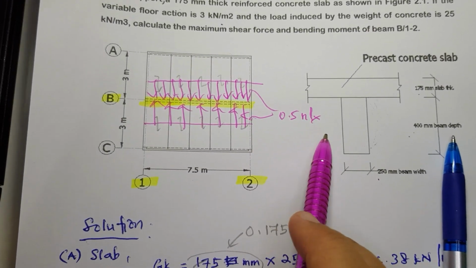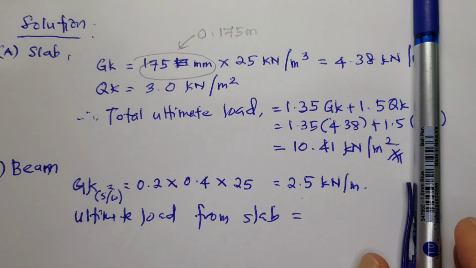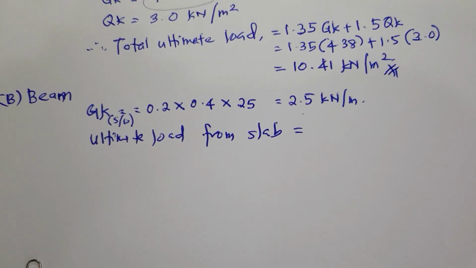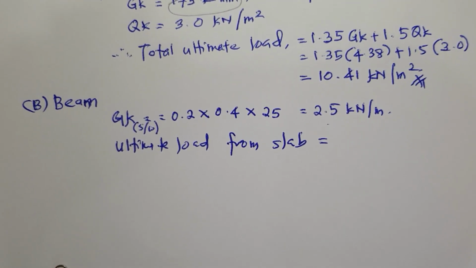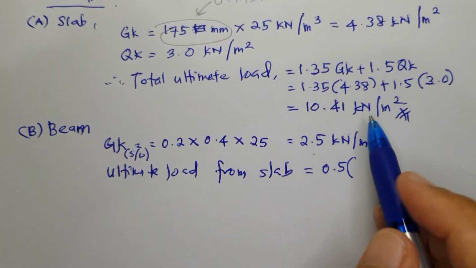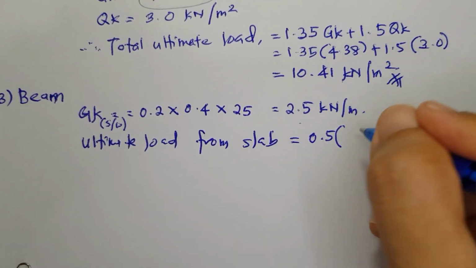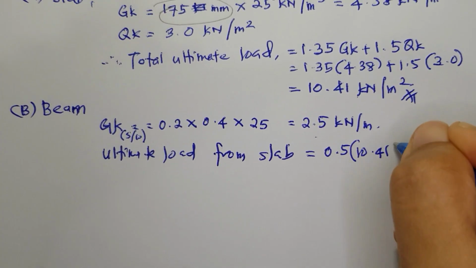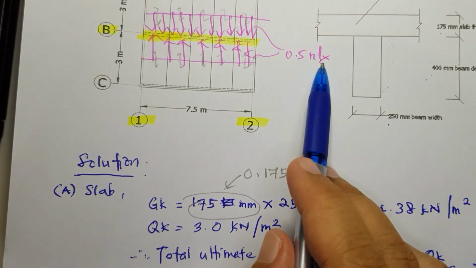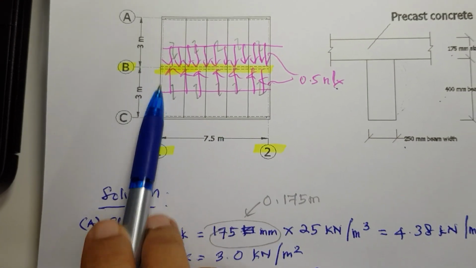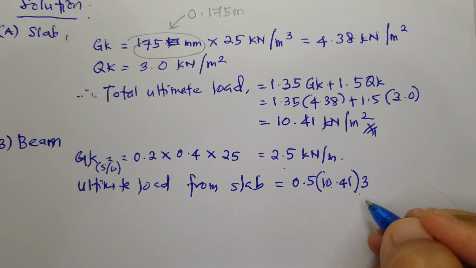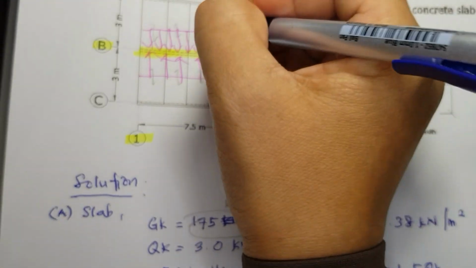So ultimate load from slab here is 0.5 multiplied with 10.41, and our LX here is 3. This is for slab number 1.